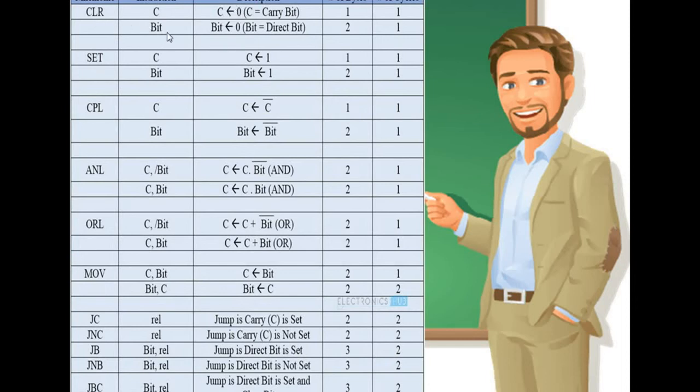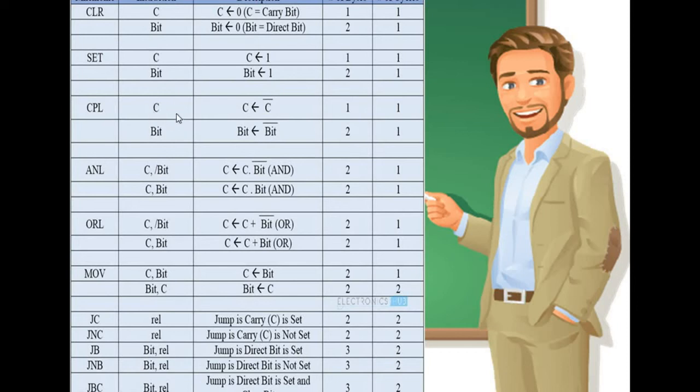CLR bit means clear bit: whatever data is stored in a particular bit will be filled with 0. Set carry means make the value of the carry flag 1, or make the bit value 1.